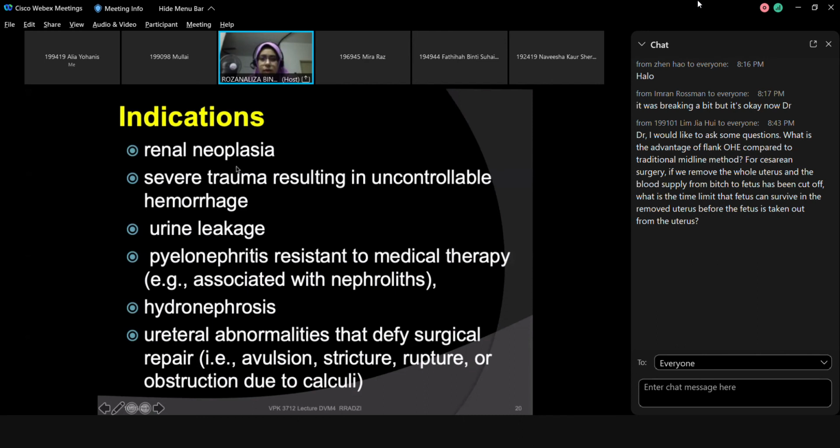Renal neoplasia, severe trauma resulting in uncontrolled hemorrhage, for example an accident, or a dog kicked by certain people, abuse, so that can cause severe hemorrhage. Urine leakage, pyelonephritis, hydronephrosis, and abnormal rupture and so on. These also give you reasons why you need to perform a nephrectomy.